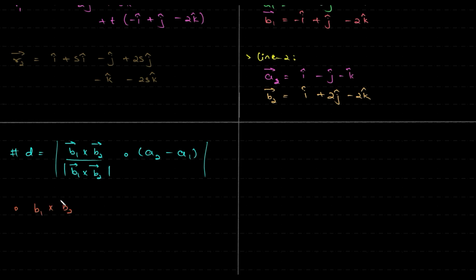B1 cross B2. Let's do this first and everything else later. We have matrix form; that's what I'll use. So we have i, j, k; minus 1, 1 and minus 2; 1, 2 and minus 2.